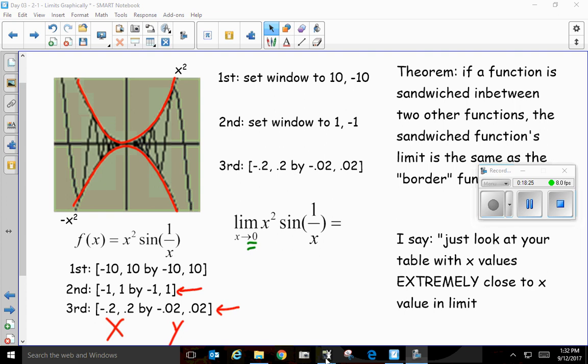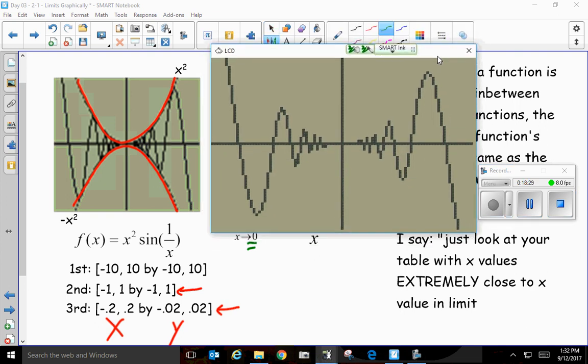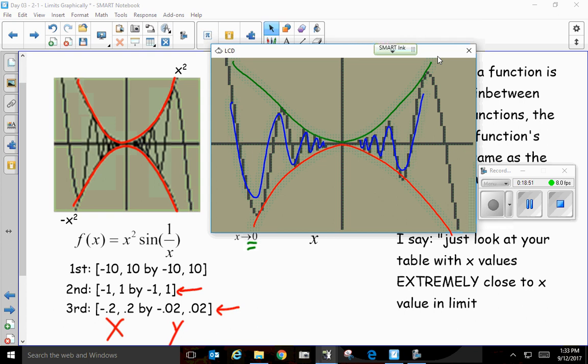In my graph, if I draw this line here, it looks like it might be x squared, a parabola, right? And if I draw the bottom function, these are the border functions. If I draw this, that looks like maybe a negative x squared, right? It's just x squared flipped. So it's saying this whole mess right here, the limit as that gets closer to 0, will be the same thing as the red and green lines getting closer to 0.